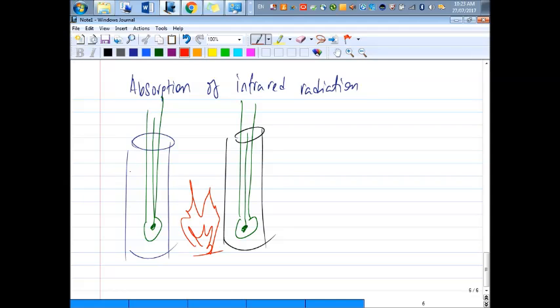As you heat up both of them, their temperatures will increase. But one of them will have temperature increasing at a higher rate. Which one is it? According to the experiment, according to the graph that they plot, the temperature will look like this.